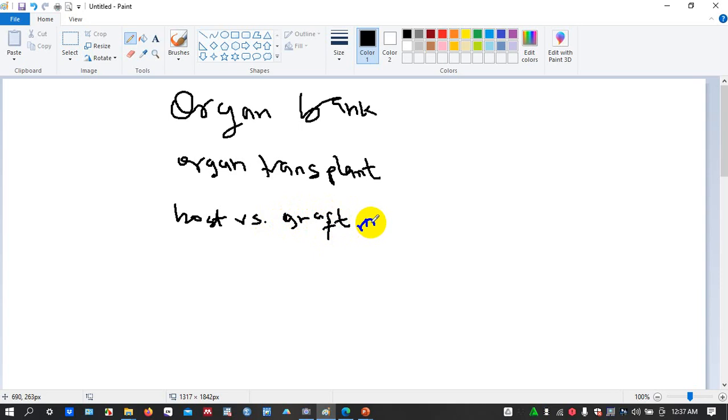So the organ of the donor will be incompatible to the immune system of the receiver. So there will be rejection. The receiver is going to produce antibodies against the donor's organ, and this will elicit immune response, which is very, very devastating and very, very worrying.